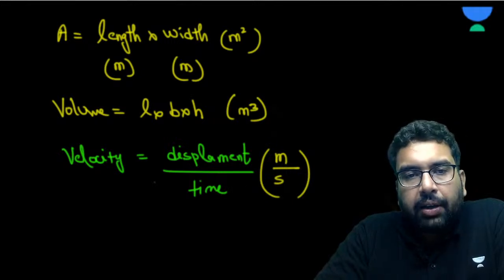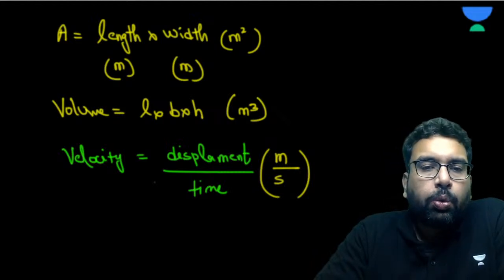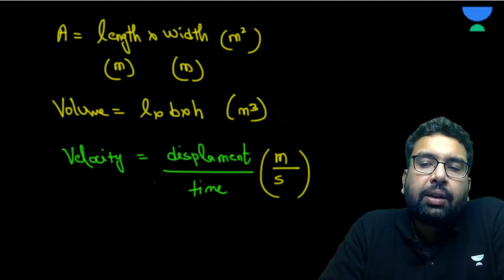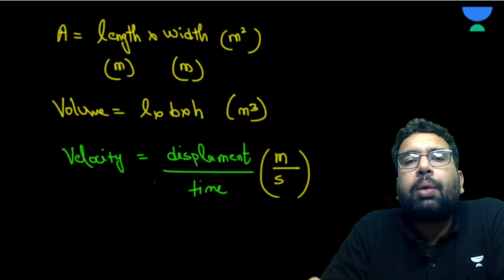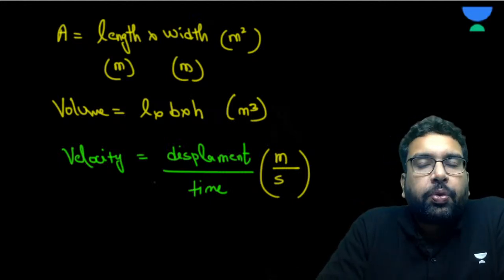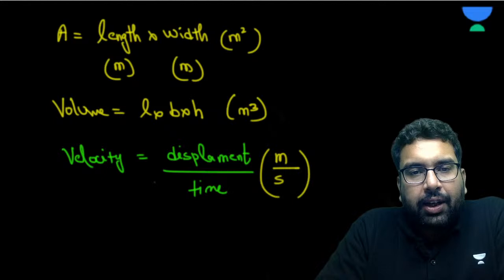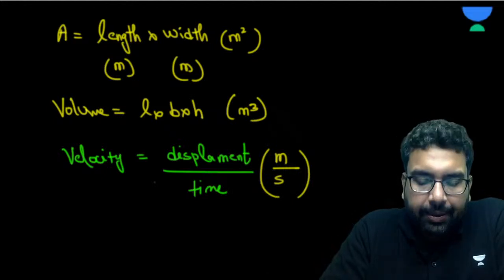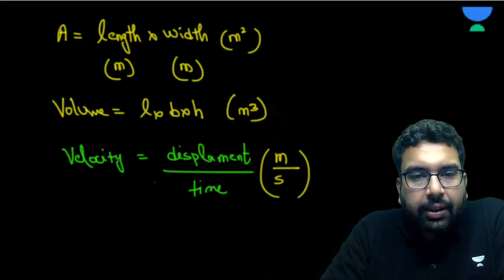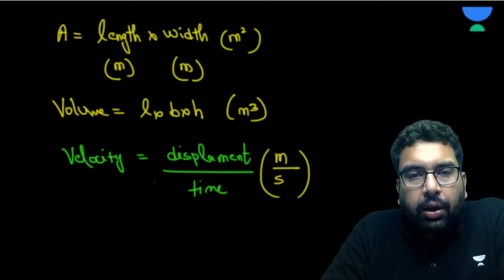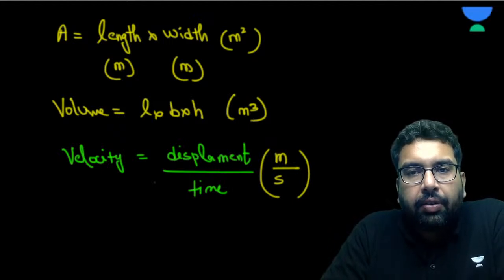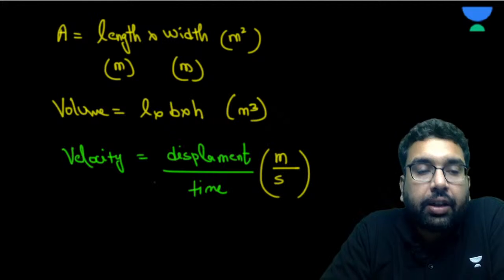Like today, I targeted to give you a revision of motion in a straight line, motion in a plane, and the properties of solids. In all these topics, what terms do we use? We use velocity, acceleration, stress, Young's modulus, energy, strain energy.